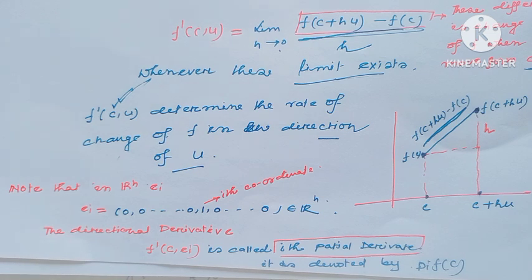We all know the partial derivative means the derivative exists coordinate-wise, but directional derivative means the derivative exists in all directions.